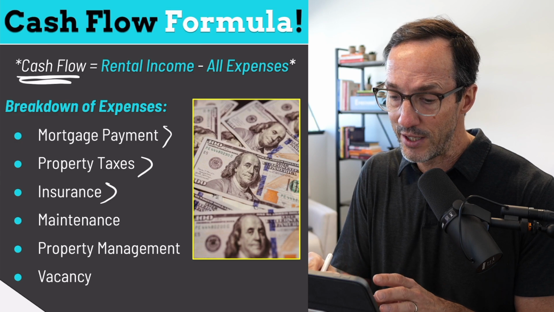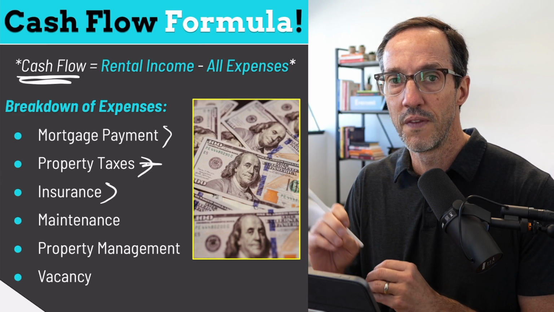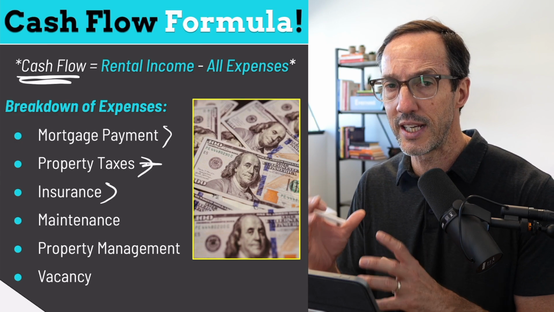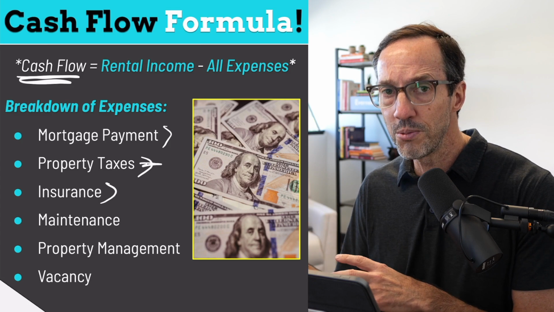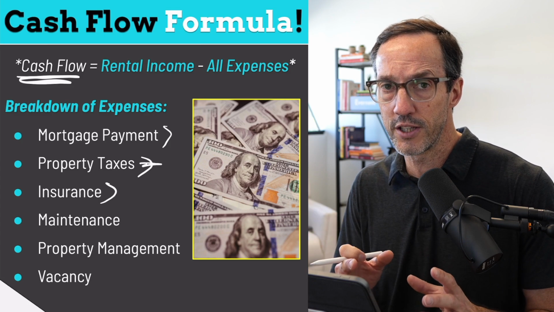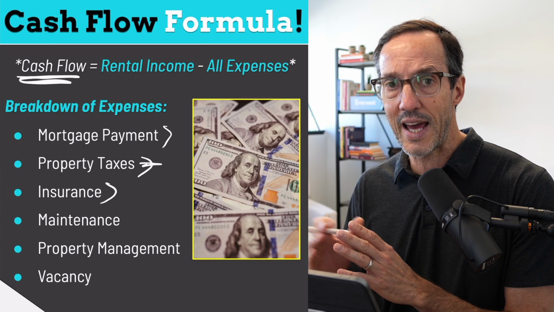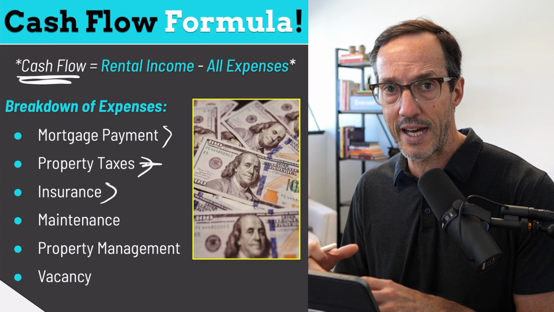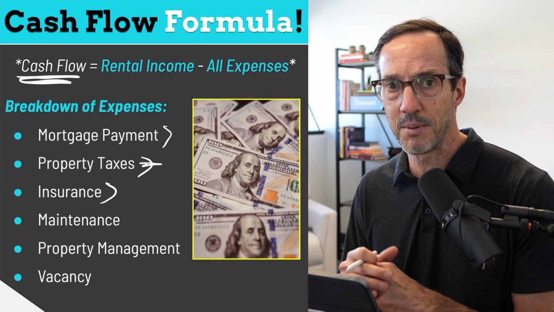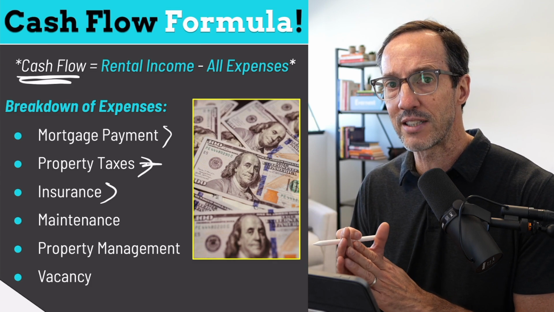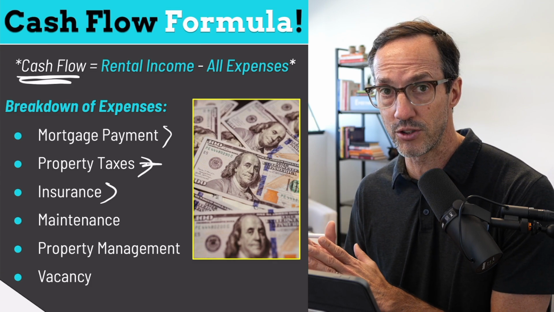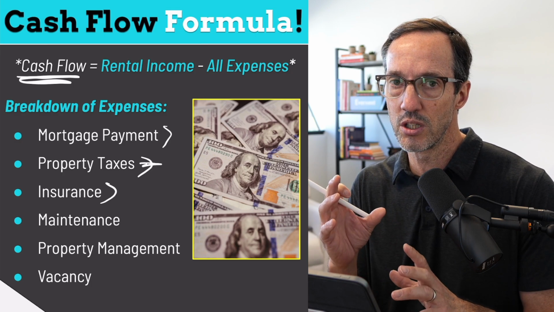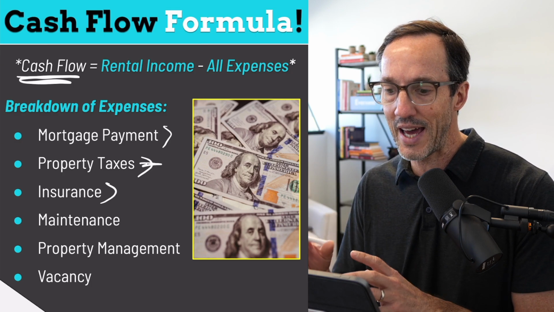Now, I would say right here on property taxes, make sure that the property taxes you're calculating in your numbers are non-homestead. In the area that you're buying in, that tax number may change. Here in Jefferson County, where I am, in Birmingham, Alabama, the non-homestead taxes are double what homestead taxes are. So you want to make sure that you understand what the taxes are.